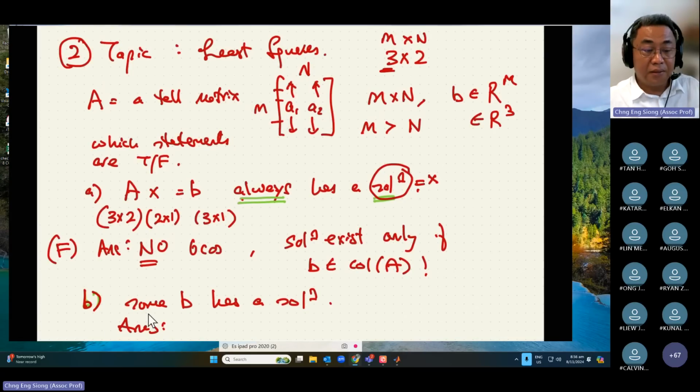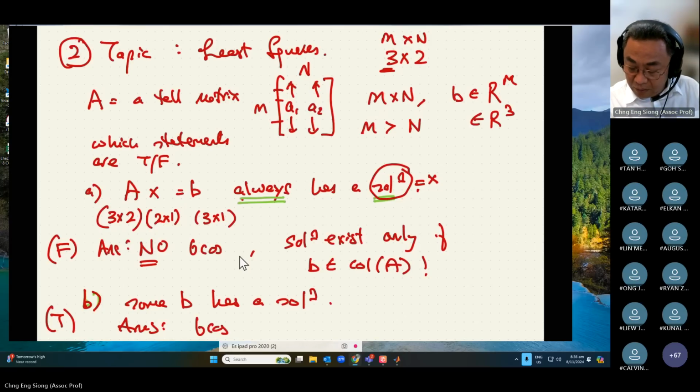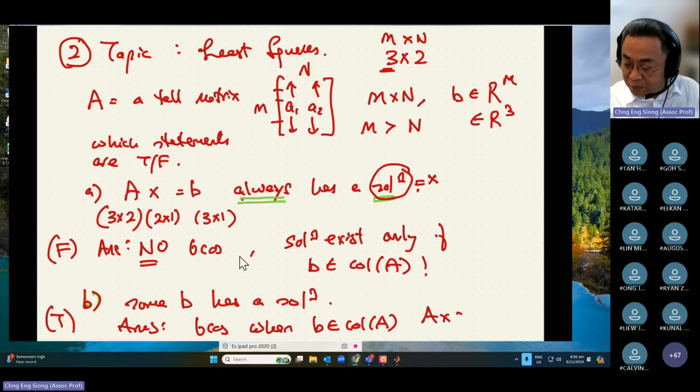The second answer, some B has a solution: very good. True, because when B belongs to the column space of A, AX can be equal to B. Possible, equality. Very good.